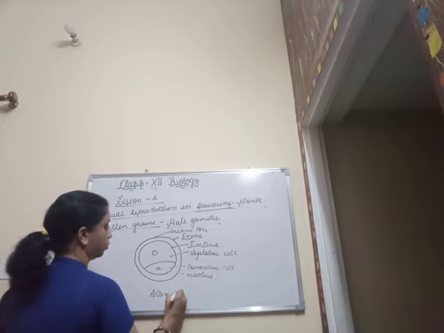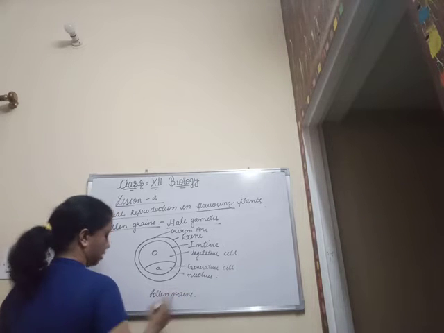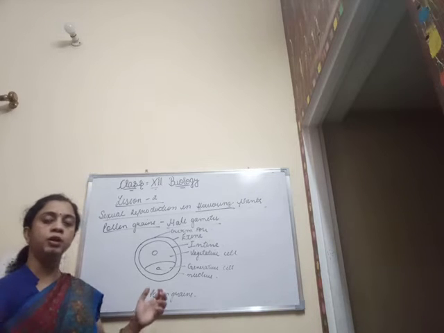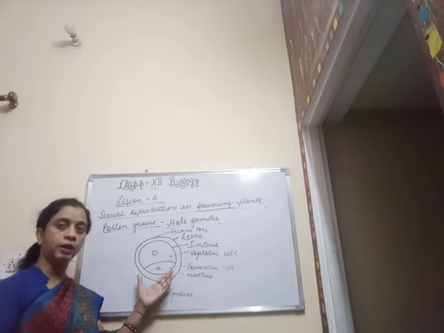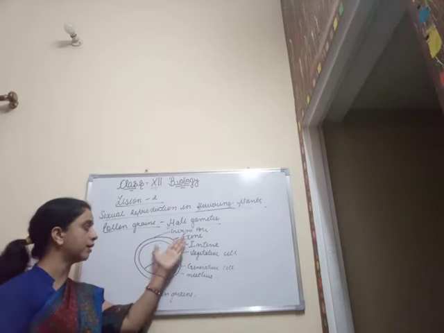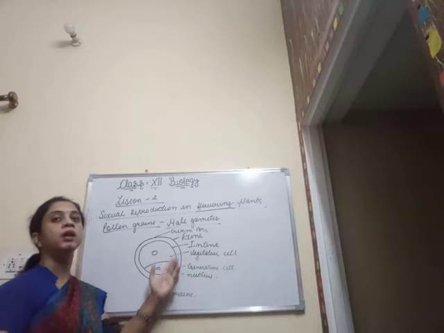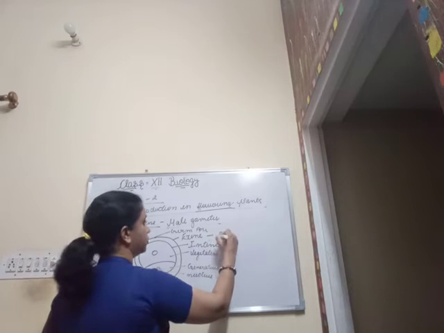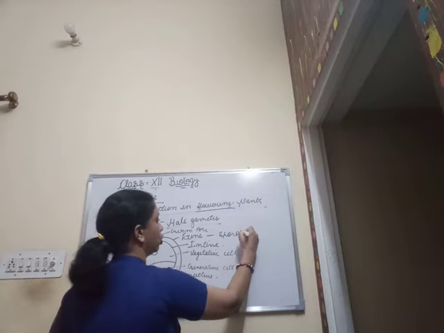As I said, the pollen grain is made up of 2 layers, that is the outer layer, which is known as the exine, and the inner layer, which is known as the intine layer. The exine layer is made up of a substance which is known as sporopollenin.